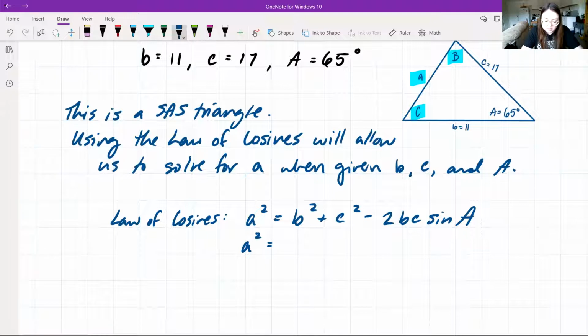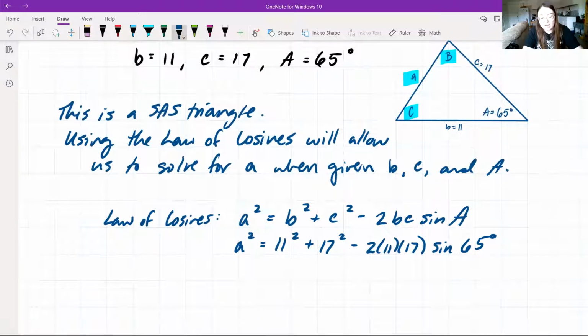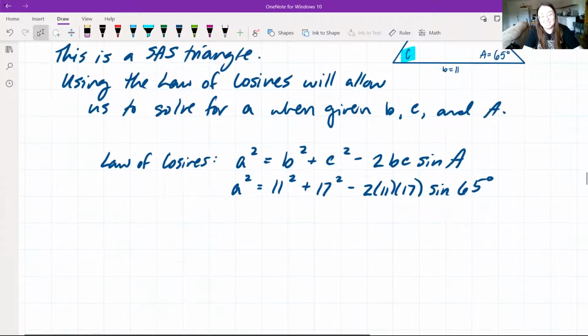B is 11, so we have 11 squared plus C is 17, so 17 squared minus 2 times 11 times 17 times cosine of 65 degrees. At this point, if you have a calculator, you can by all means plug this value into a calculator and then just take the square root.